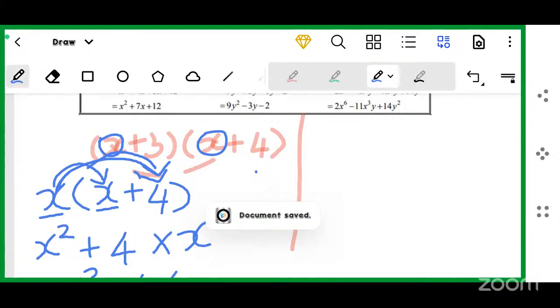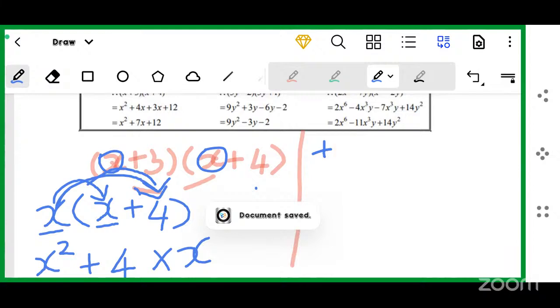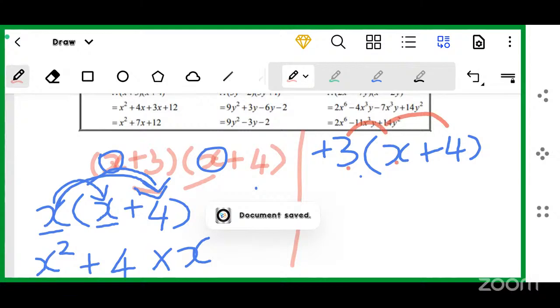So we also have a plus 3, plus 3 into x plus 4. So what you're gonna do there, you remove the brackets by using the 3. So it's gonna be 3 multiplied by x, and then 3 multiplied by 4.